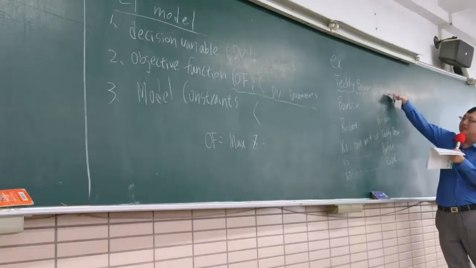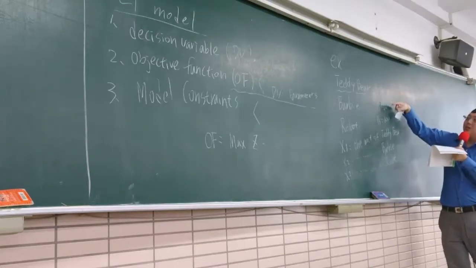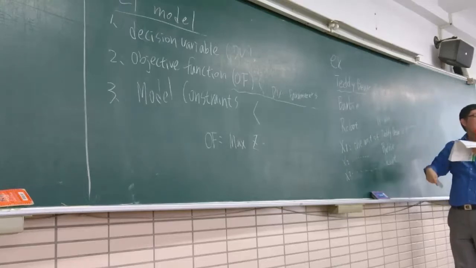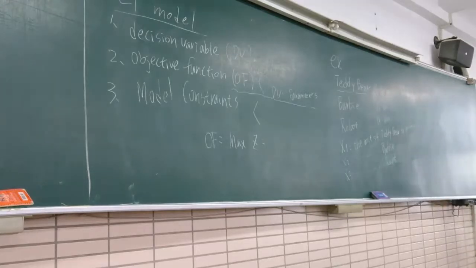Profit, this is a unit profit. One unit of teddy bear we can earn 50. Now we don't consider cost. How about profit?